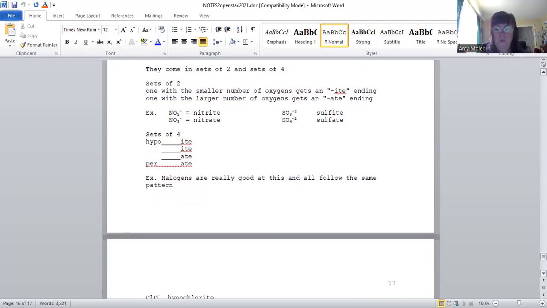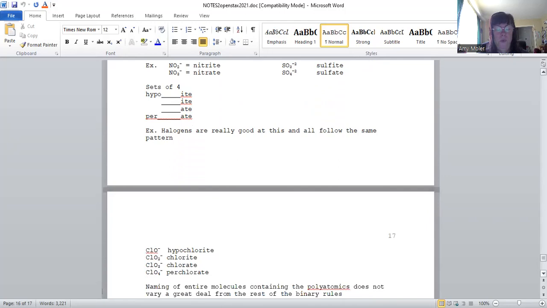How about the sets of 4? Sets of 4 are a little bit more expanded. The center is actually partly the same. We have the ITE and the ATE. But the lowest number of oxygens has a prefix of hypo, because hypo means under.